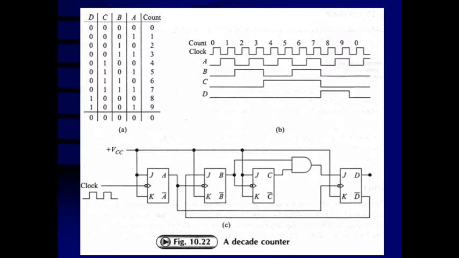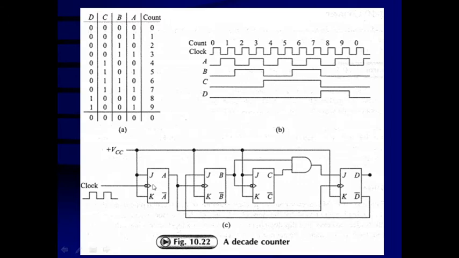Here you can see this is the truth table, this is the waveform, and this is the circuitry of this decade counter. First, there will be a modulus of 2 counter. Flip-flop A will be working as the modulus of 2 counter. Here J and K are connected to VCC, and the system clock is given to flip-flop A. So this is the LSB.